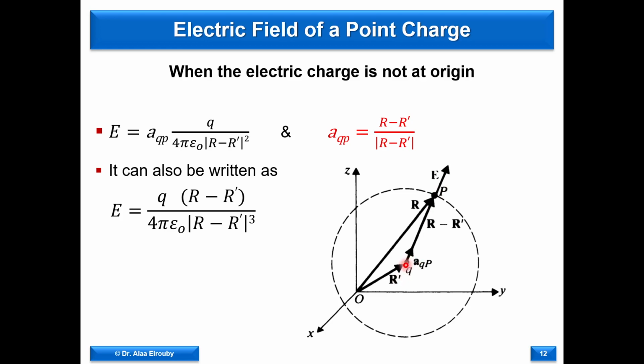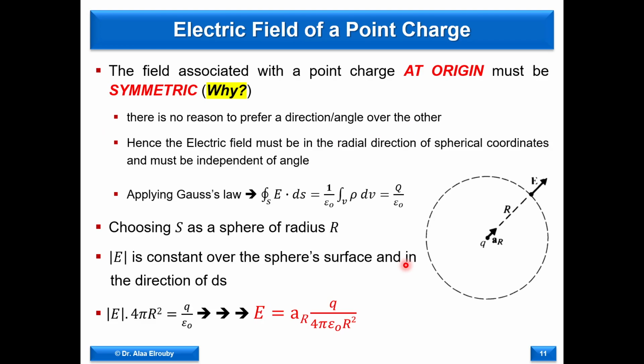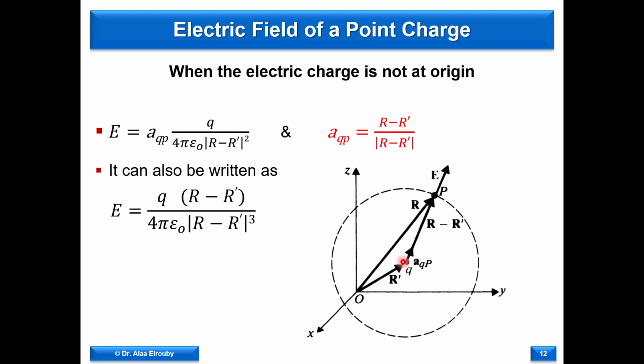So this is what we learned from the previous case. So we know that at any point here, the electric field is in the direction from the electric charge to the position of the observation point. So the electric field is in that direction.